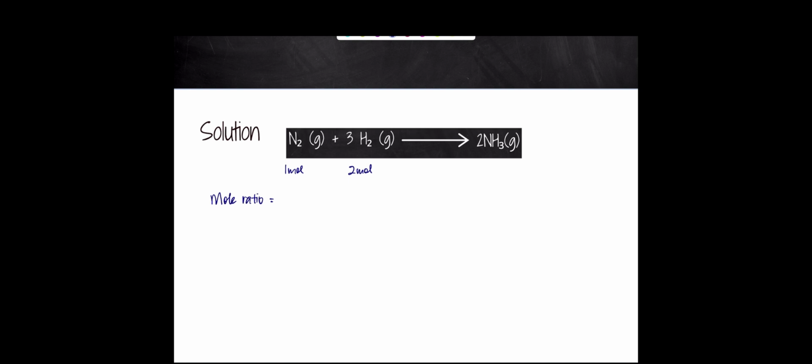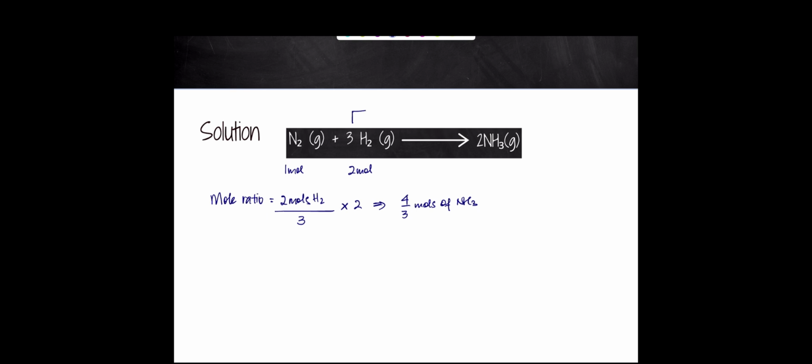So the mole ratio formula: moles of known, in this case I'm going to be first speaking about hydrogen, divide by coefficient of known, multiply by coefficient of desired, which is the coefficient of ammonia. I will get from this 4/3 moles of ammonia that's produced.